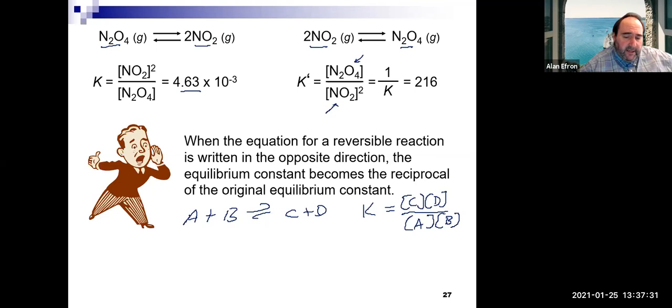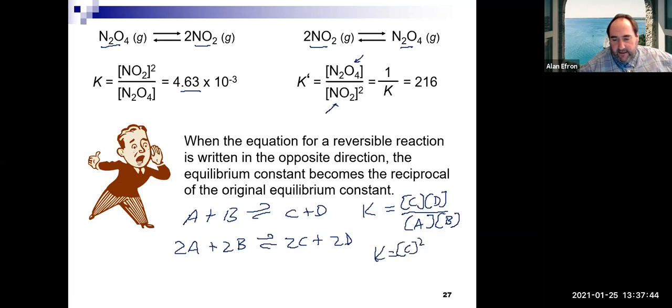So something also like you did probably with Hess's law is sometimes you have to multiply by a common number. And if you multiply this by a common number, we will end up with a K value that is C squared D squared divided by A squared and B squared.